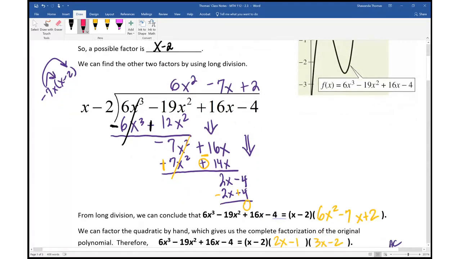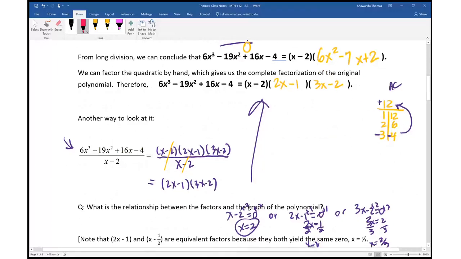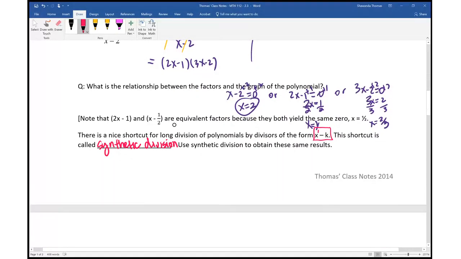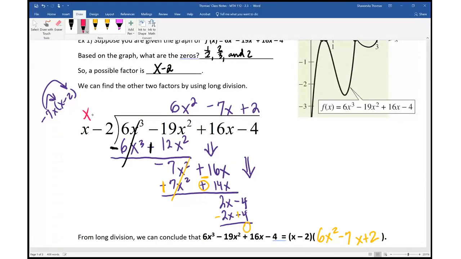The nice thing about synthetic division is that you're only using coefficients and constants rather than coefficients, constants, and variables. So the first thing you do is draw a little half box. This is going to be your k. And what is k? You see it has x minus k.